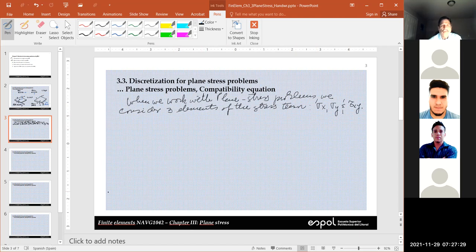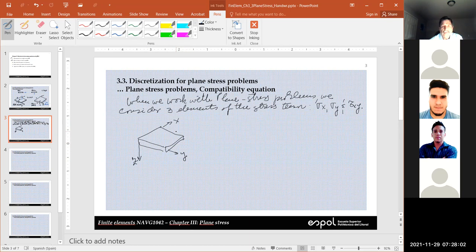In general, this is going to be our reference system. We're going to have a plate like this. Remember that the thickness is very small in general. This is going to be x, this is going to be y, and in this case z is going to be downwards. As we said before, the load is applied in the XY plane.